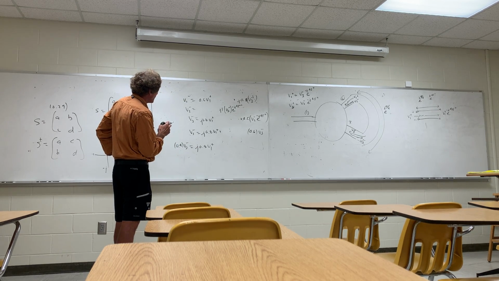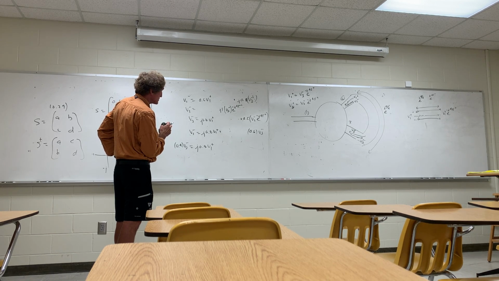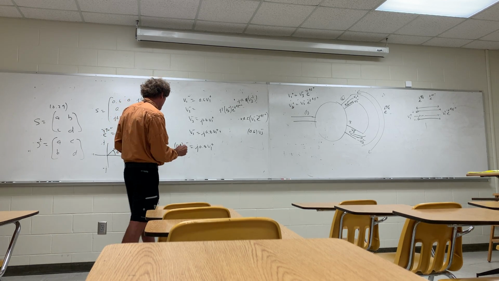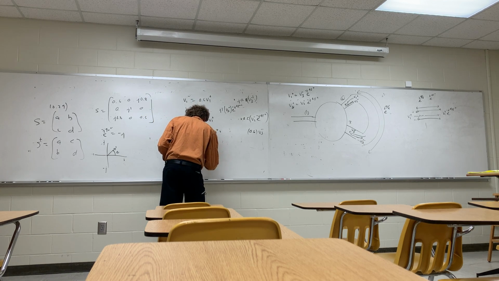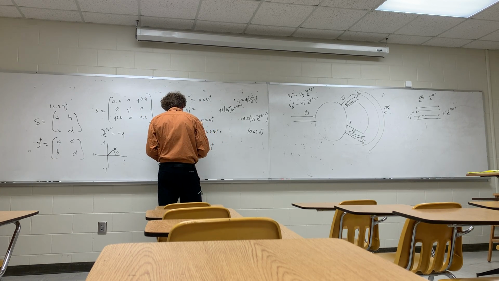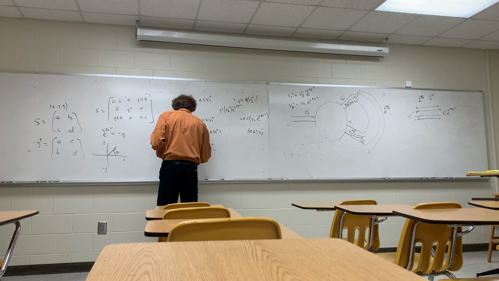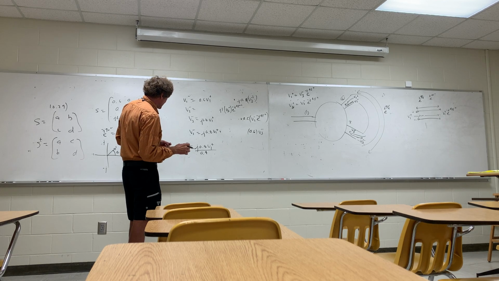And at that point, if I divide this by 0.4, it's probably a quicker way to do this. So that's V3 minus, let's equal to that.